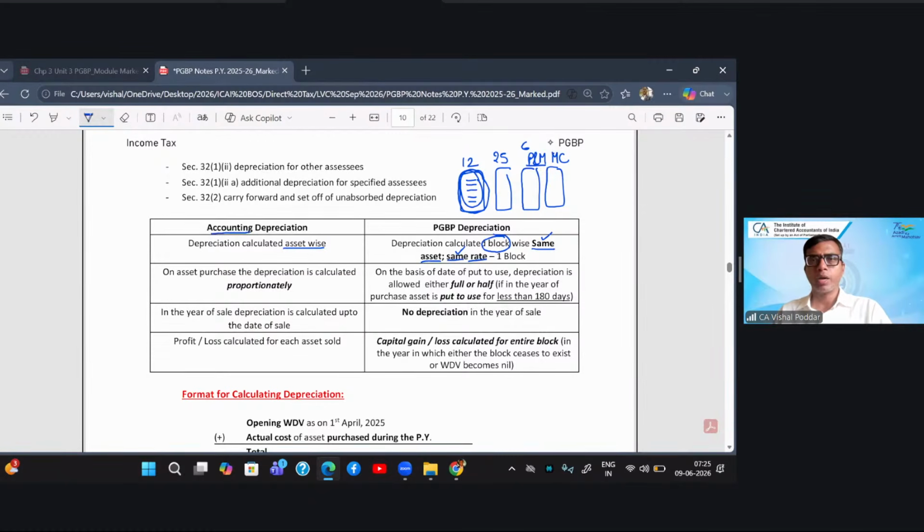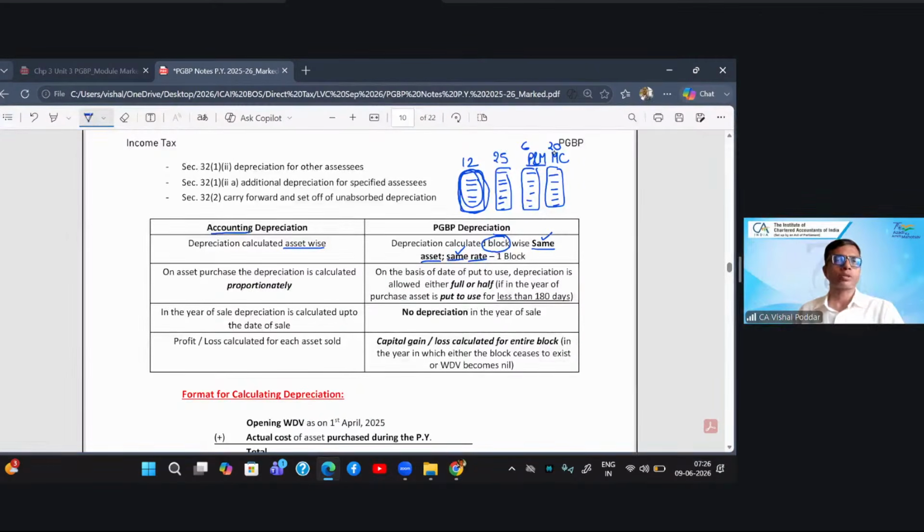So let us say you have 25 motor cars, all put in one group. So the first difference between accounts and income tax depreciation is that accounts would have computed depreciation for each asset separately, as we have studied. Income tax says don't waste time. Group them and make blocks. Blocks means group of assets.